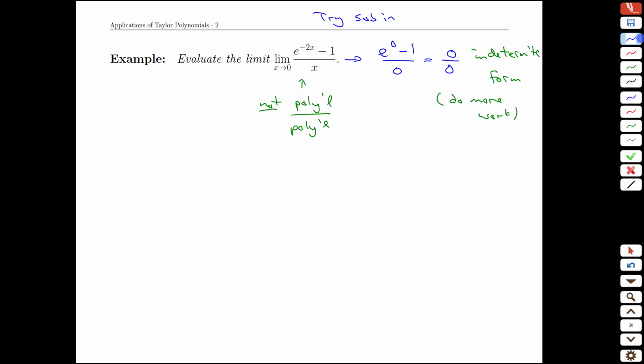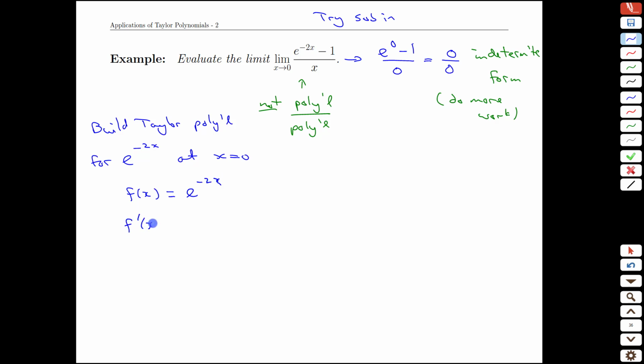Enter Taylor polynomials. If we take this e to the negative 2x, and notice that we really want to know what's happening around x equals 0, what we're going to do is build a Taylor polynomial for e to the negative 2x and get a really good approximation for that around x equals 0. All right, let's call that our function.